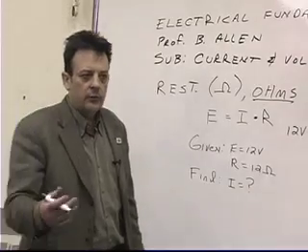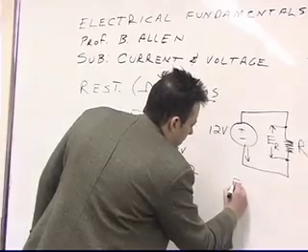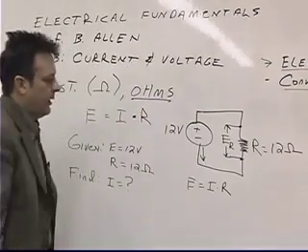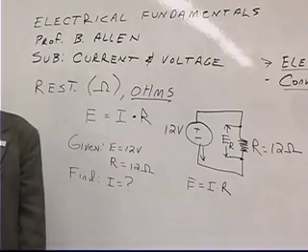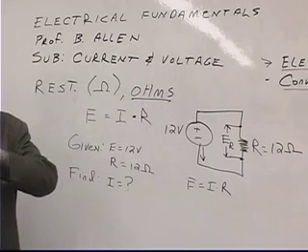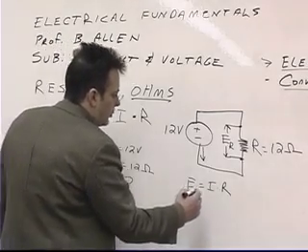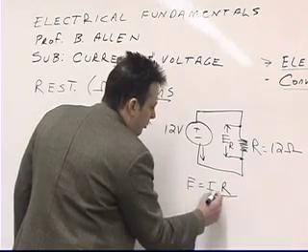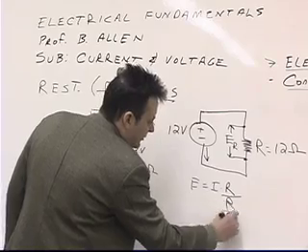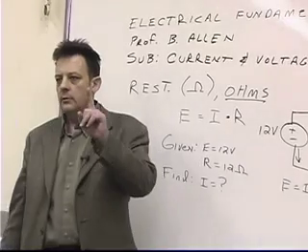For those of you that haven't had algebra in a while, we write the equation: voltage is equal to current multiplied by resistance, and then we want to isolate the variable current. Isolate meaning get it alone, on the left-hand side of the equal sign. If we were to divide the right side of the equation by resistance, what's anything divided by itself? 1.